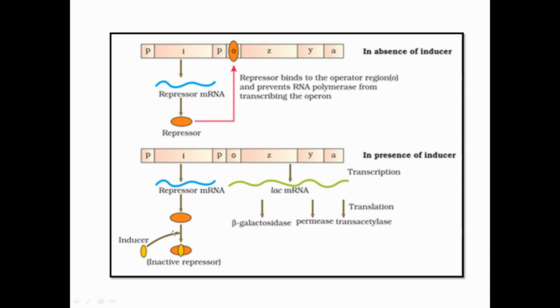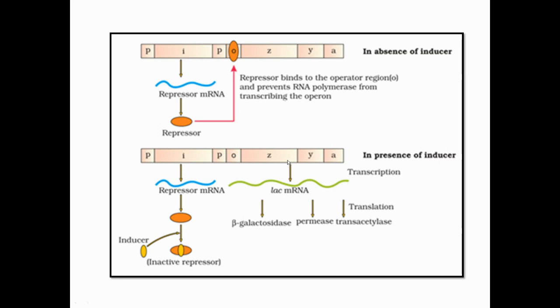But when the inducer is present, the inducer is going to bind with the repressor, and ultimately that repressor is not going to bind at the operator region. So this site is free, and RNA polymerase can join over here, so the whole process of transcript formation can take place.